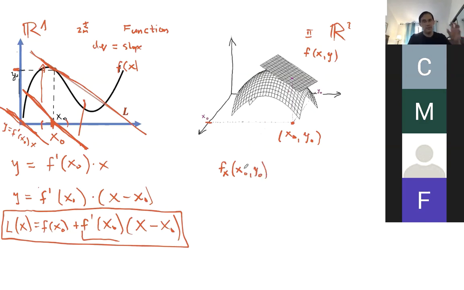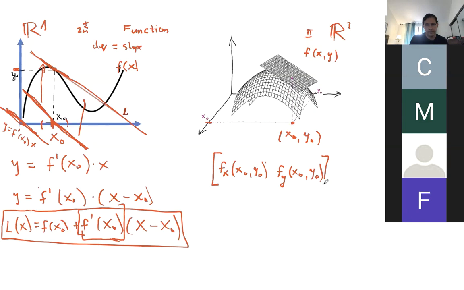This is just one component of the derivative. The other one is the partial derivative with respect to y of this function f at the same point x0, y0. This is a slope, except that the slope here is a vector.